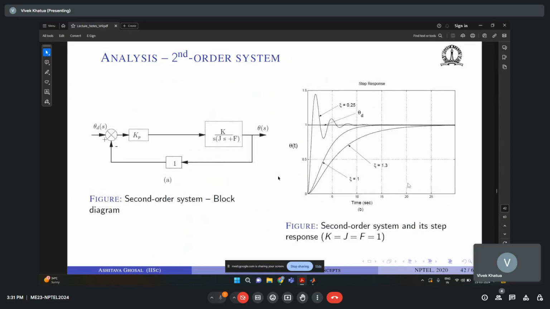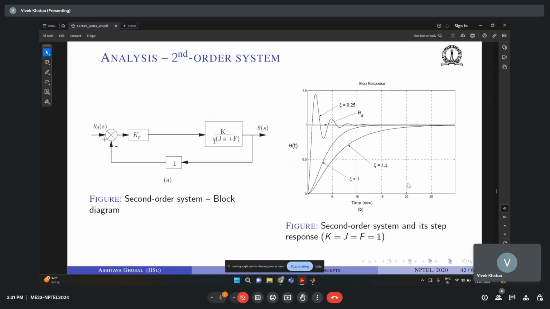Now we will introduce something called derivative control. Along with proportional, we'll put a derivative block. Proportional was just a constant multiplying the transfer function, but a derivative will take away one order from the system. So it would be kv or kd times s.